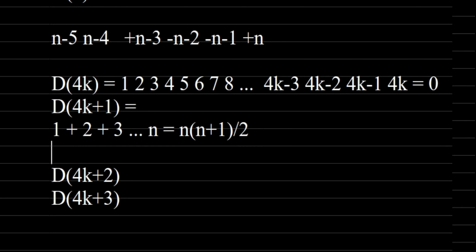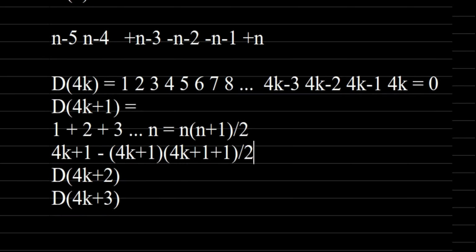So for 4k plus 1, the sum would be 4k plus 1 times 4k plus 1 plus 1, by 2. So this becomes 2, and if we divide this by 2, we get 2k plus 1.